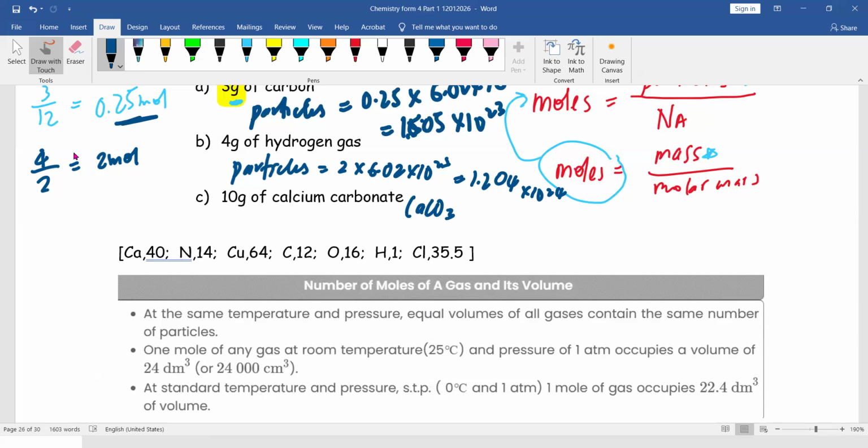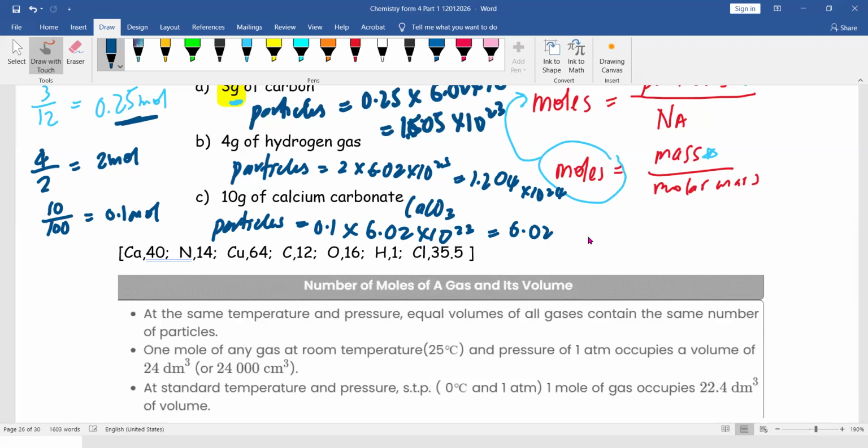Right? Can? So mass over molar mass, you get 0.1 mole. Did you get this? Yes. And then amount of particles is 0.1 multiply 6.02 times 10 to the power 23. You get 6.02 times 10 power 22.